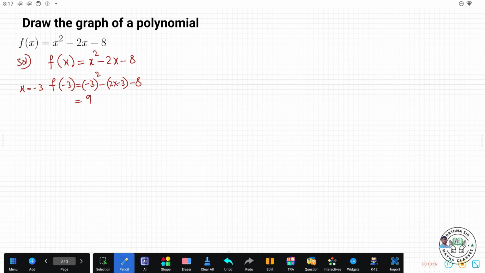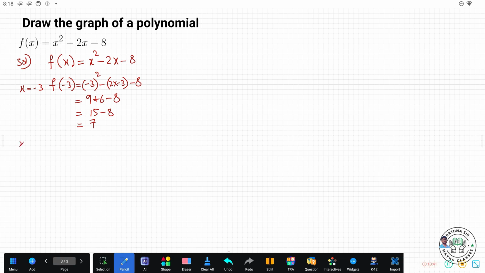Square of a negative number is positive, so 3 square is 9. Minus into minus plus, 2 3s are 6, minus 8. So 9 plus 6 is 15, minus 8. So 15 minus 8 is 7, right? So this is the value of f of x at minus 3.